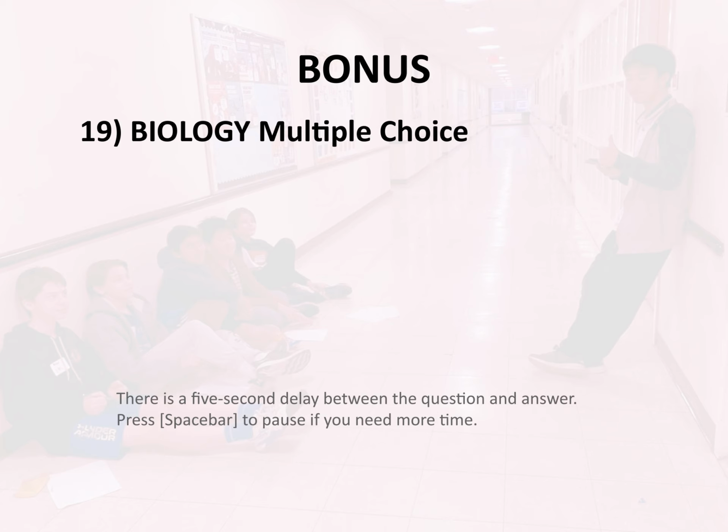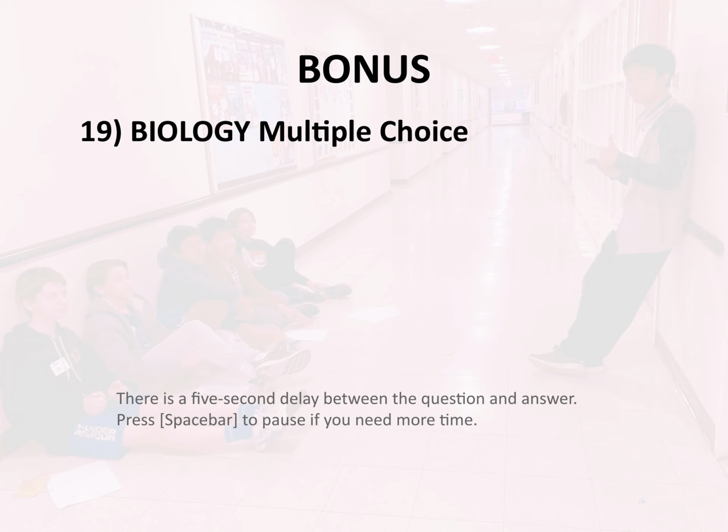Bonus 19. Biology. Multiple choice. Which of the following is true regarding plant ground tissue? W. Parenchyma is mostly responsible for structural support. X. Collenchyma consists of dead cells with thick cell walls.